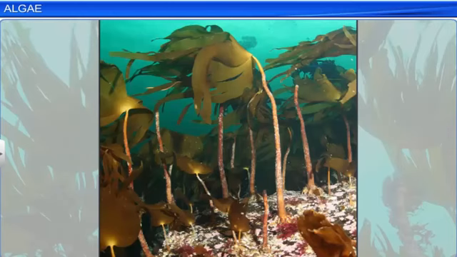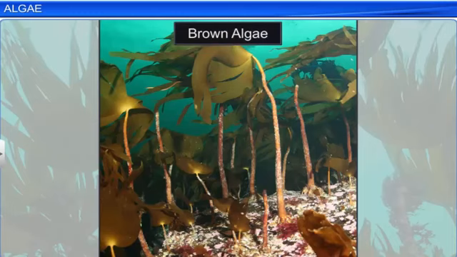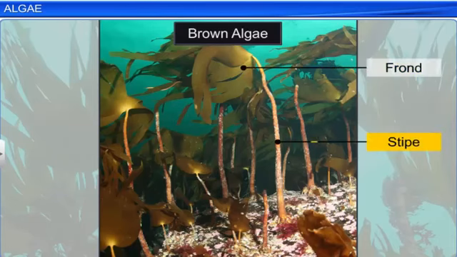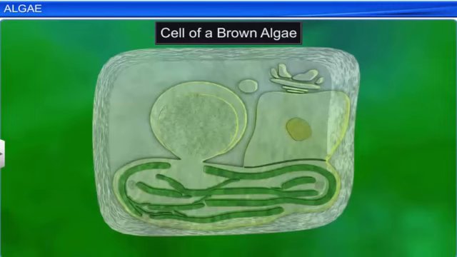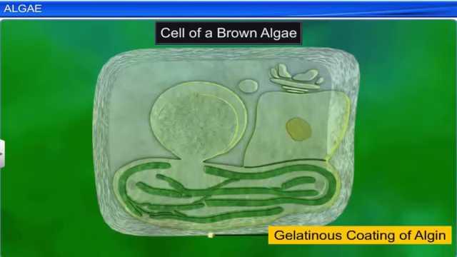Let's now take a look at the body structure and cellular structure of brown algae. The plant body consists of a frond, a leaf-like photosynthetic organ, and a stipe that functions as a stalk. The frond and stipe are attached to the substratum by a holdfast. The vegetative cells of brown algae have a cellulosic wall, which usually has an outer gelatinous coating of algin.